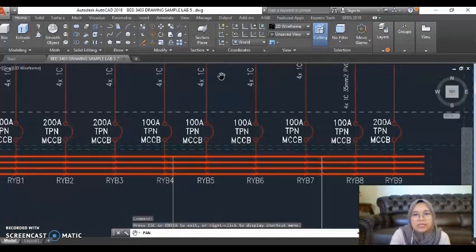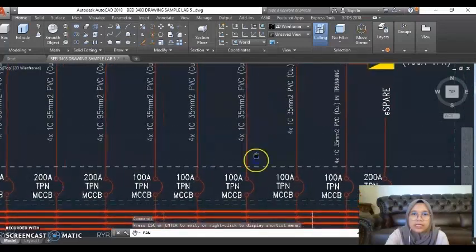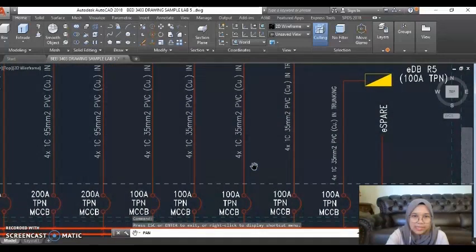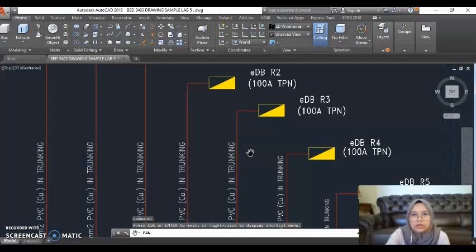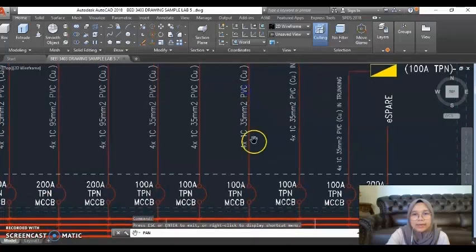And for RYB6, the rating current for the MCCB is 100 ampere with the cable size of 4 times 1C 35 mm square PVC, and the outgoing switchgear is EDBR3 100 ampere TPN.